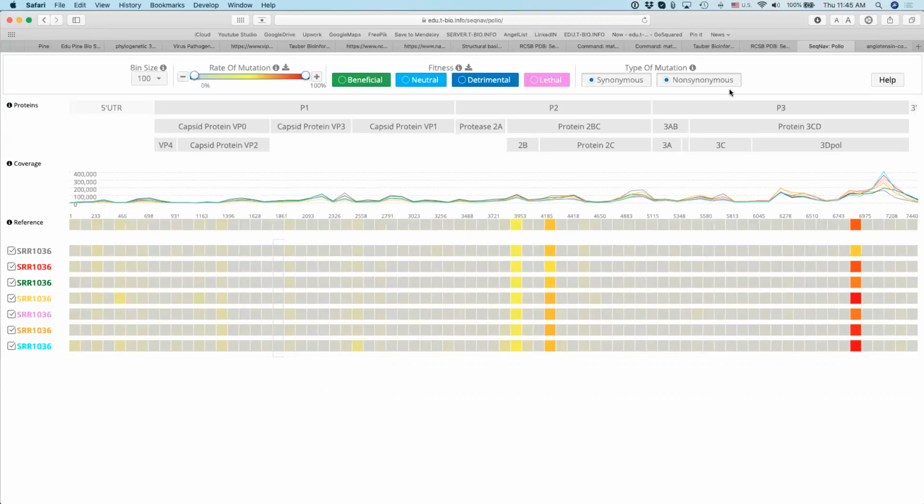I just want you to be able to play around with this tool and make sure that you understand what's going on here. We want to talk about different types of mutations. As you can see, these types of mutations are all listed up here. What properties do we know of these mutations?